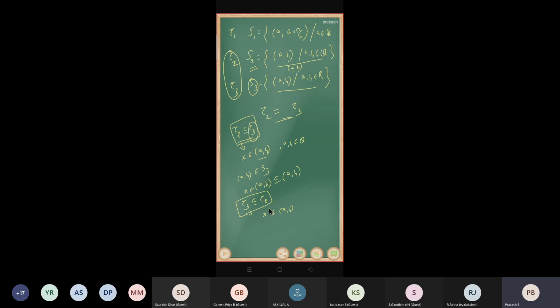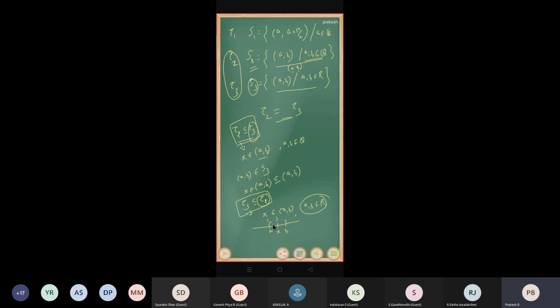Now we want to choose a basis element from tau 2, but here a and b may be any real numbers, while in S2 we have only open intervals where a and b are rational numbers. We know the result that in between any two reals there is a rational number.